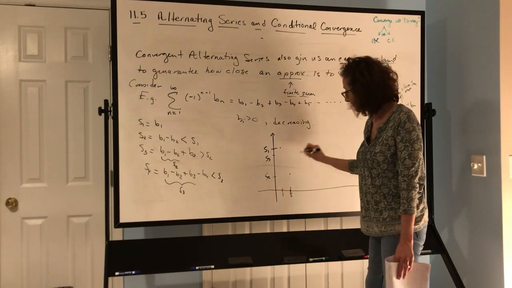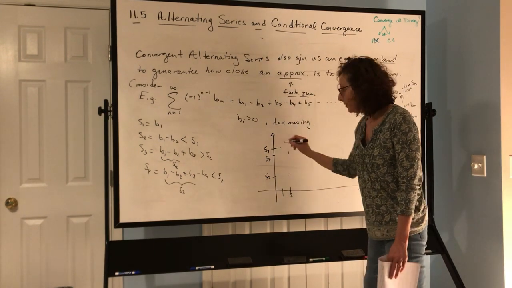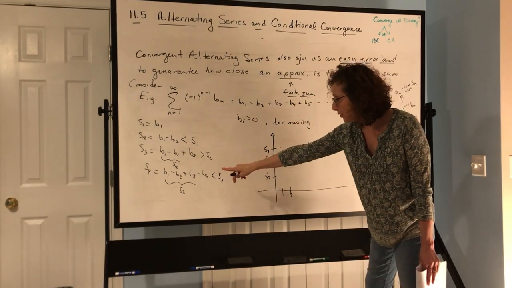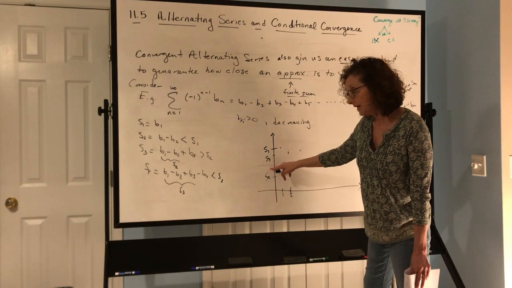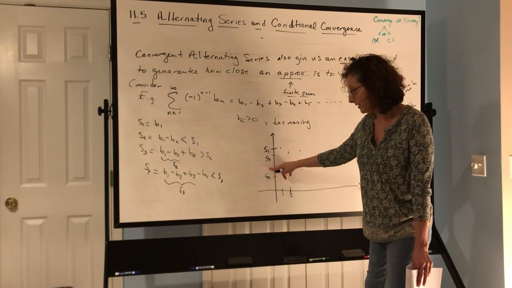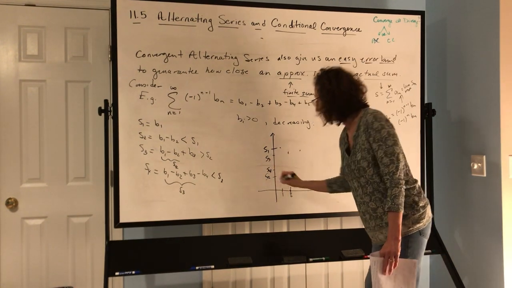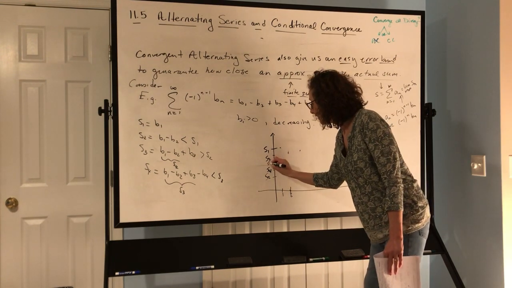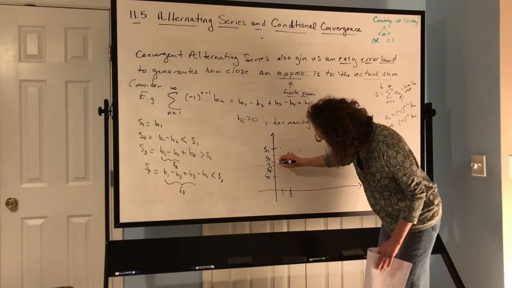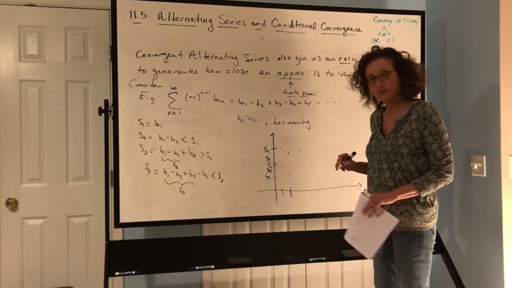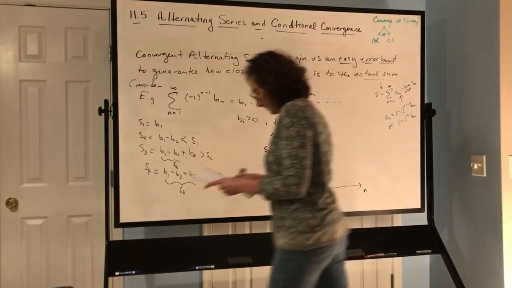Then when I compute S4, I take away b4, so S4 is below S3 but above S2. Then we have S5 and S6, and basically our S is going to be somewhere in between. Do we get what's happening there?